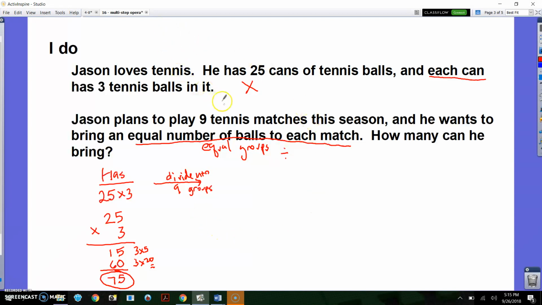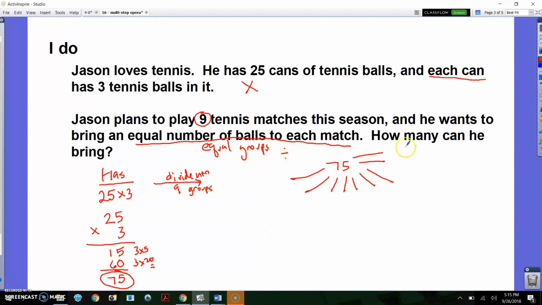And so my next step was to say, okay, well, he's going to take however many he has, which is 75, and we're going to divide those up for each of his 9 tennis matches. I'm going to make 9 equal groups out of that 75. 1, 2, 3, 4, 5, 6, 7, 8, 9, and see how many he can take to each tennis match.